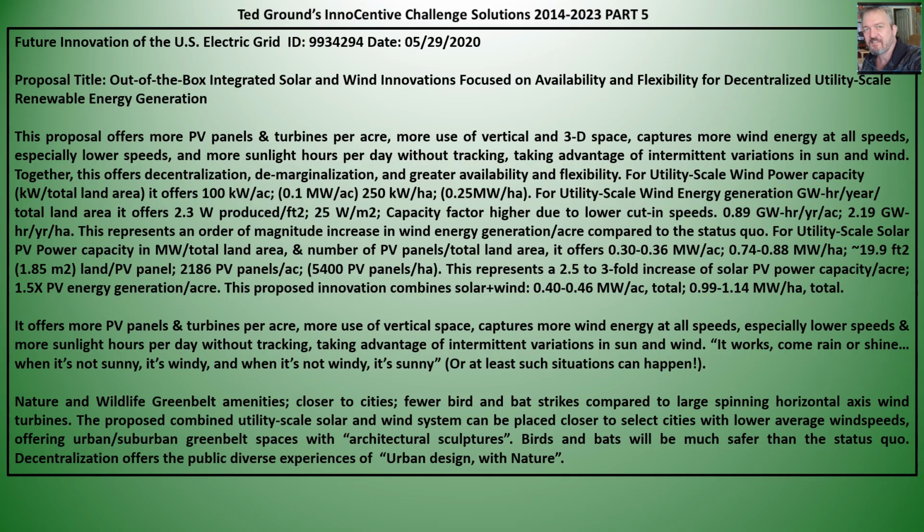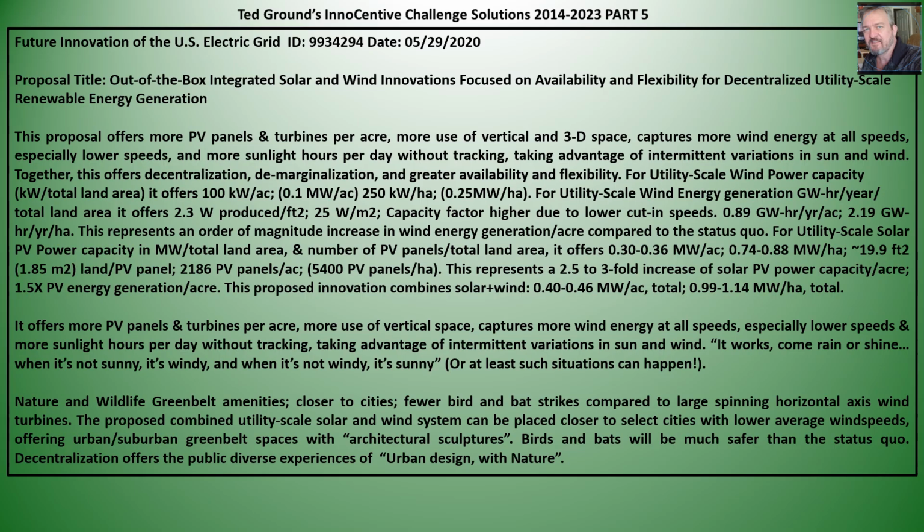For utility scale solar PV power capacity in megawatts per total land area and number of photovoltaic panels per total land area, it offers around 0.3 to 0.36 megawatts per acre, or 0.74 to 0.88 megawatts per hectare.